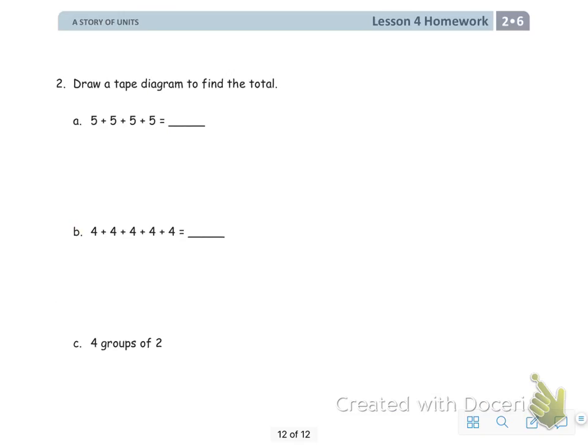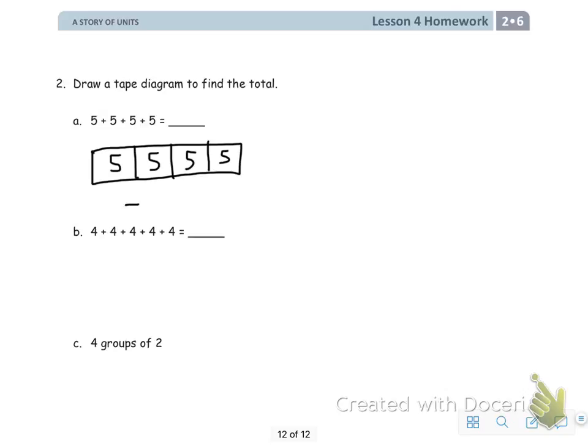Of course, right here on number 2, it says to draw a tape diagram to find the total. So it looks like we've got 4 groups of 5. So I would simply come in here and make a tape diagram with 4 groups. Then I would go back and put 5 in each group, just like this.